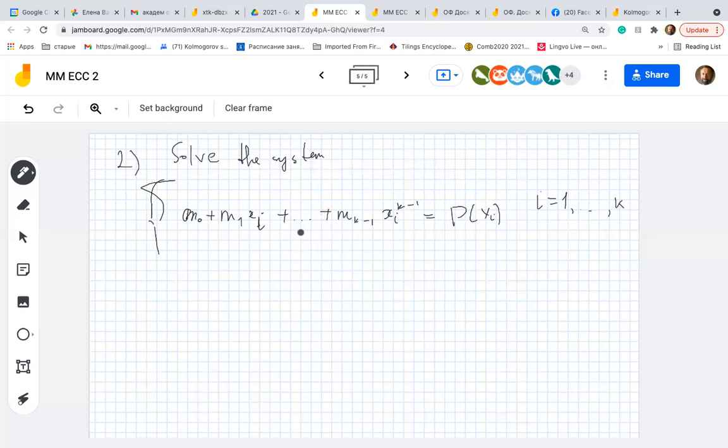And it has, as is well known, a single solution because the matrix of this system is the well-known Vandermonde matrix. Its determinant is non-zero, and hence such a system has a unique solution.